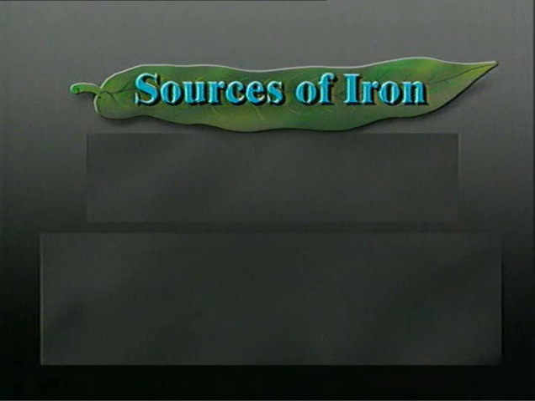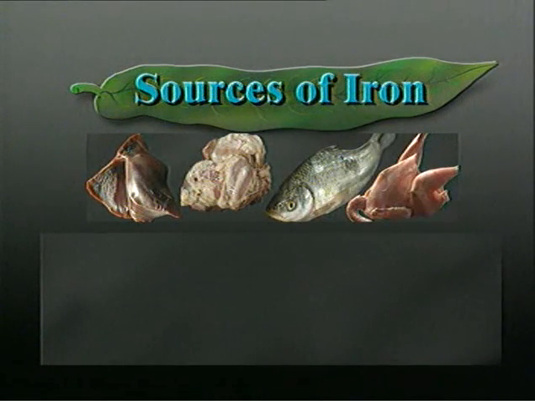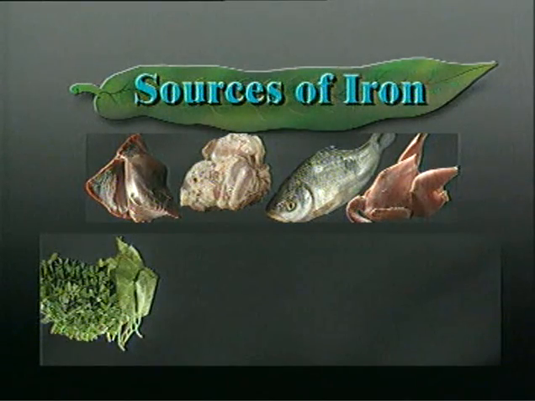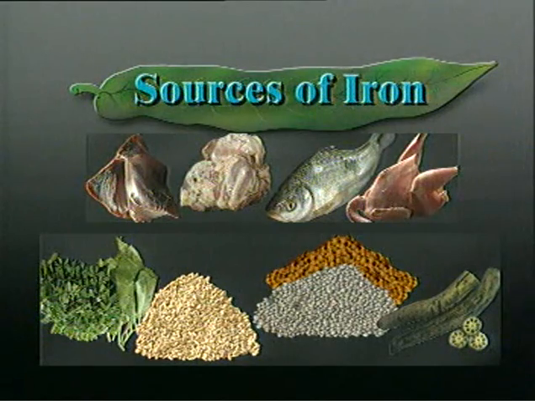Iron, the sources are liver and other meats, fish, poultry. These sources contain iron in a form which is easily absorbed. Then we also have iron in green leafy vegetables, whole cereals and pulses, lotus stem and some of the other vegetables. In these sources, iron is not so available unless it's combined with vitamin C.